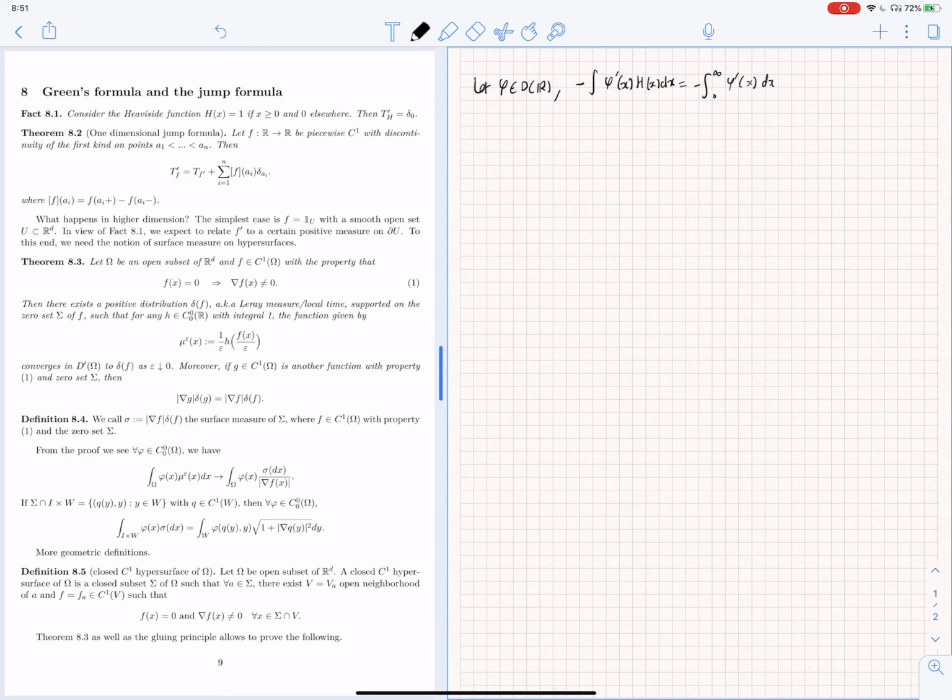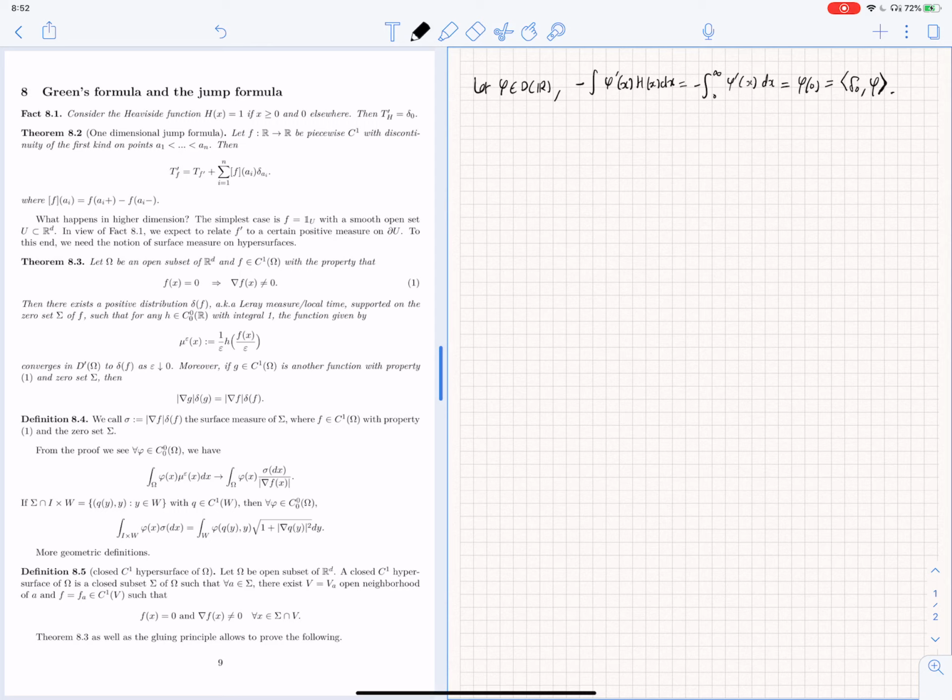And so the primitive of this function at the point 0 gives φ(0). At infinity it gives the value 0 because the function has compact support. So we have obtained the desired formula. Okay, so this proves that the delta-0 Dirac mass at point 0 is the derivative of H in the sense of distribution.